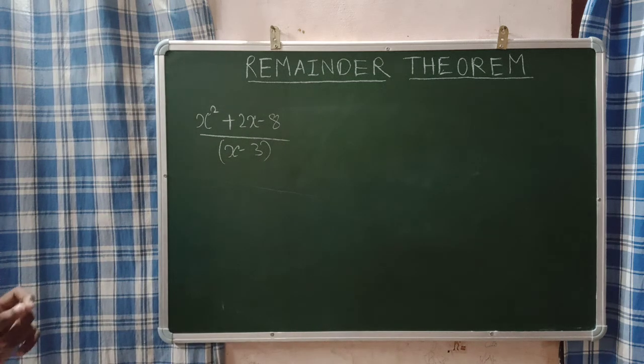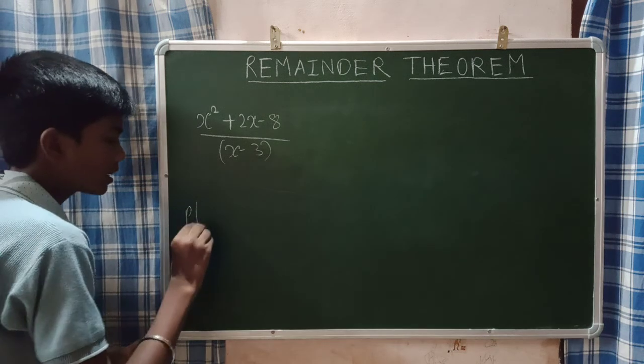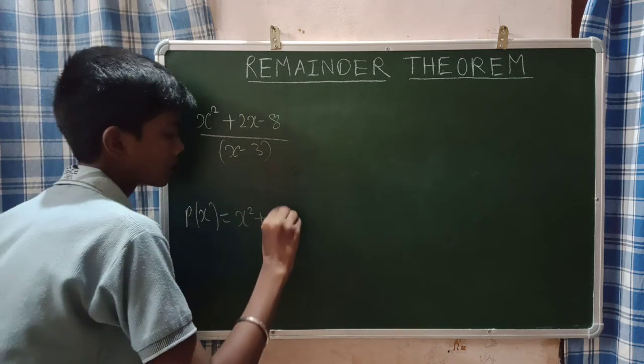Try to understand one thing. For this particular division, your P of x will be x square plus 2x minus 8.